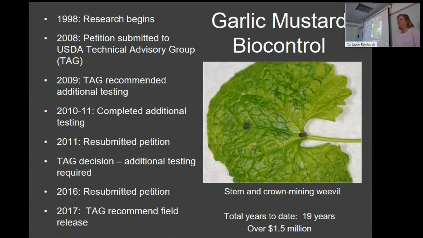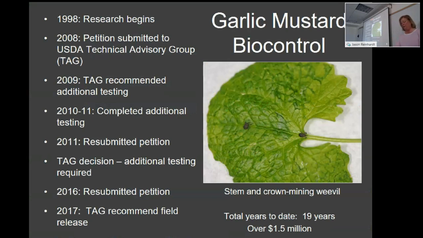Canada moved faster. They have approved the release. There have been releases. The early indications, I heard that some feeding damage was observed last season, so that indicates that at least some of these weevils may have established, but that work will have to be continuing in Canada.